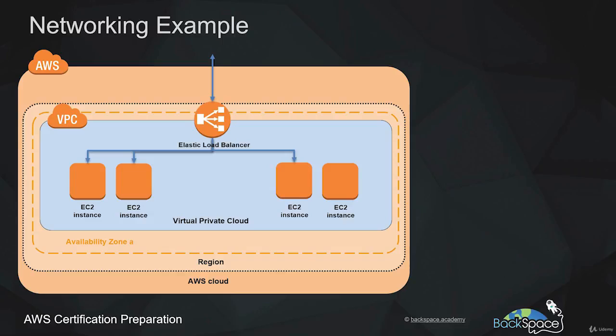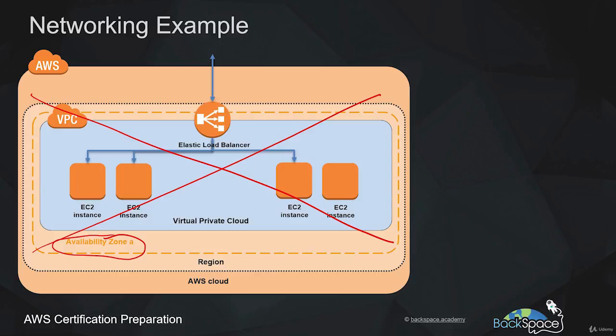So here we've got the architecture that we looked at before in the compute section, but one thing we didn't mention was availability zones. So let's just say that we've launched that architecture in a single availability zone. What happens if that availability zone goes down? What happens to our traffic? Our traffic has nowhere to go, and our application stops delivering responses to requests.